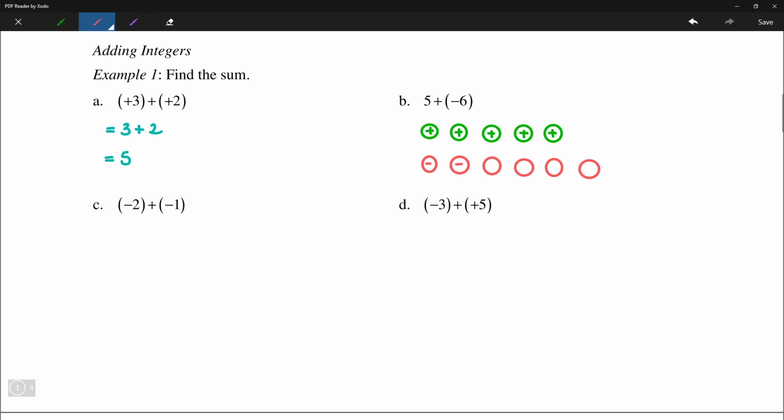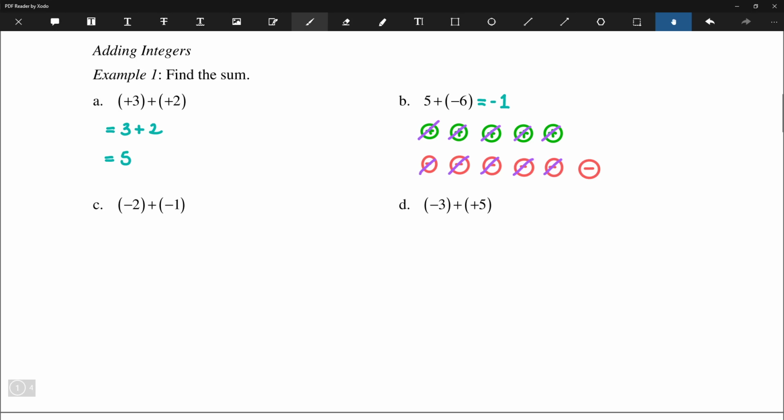So what we can do is to eliminate each pair. And we'll notice that the only counter left over is -1. So 5 plus -6 is equal to -1. Okay. So that's one way to think about adding integers, especially when they are negative.